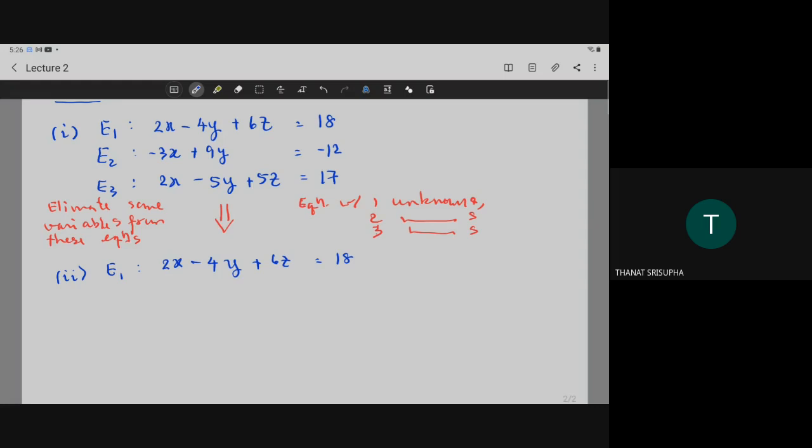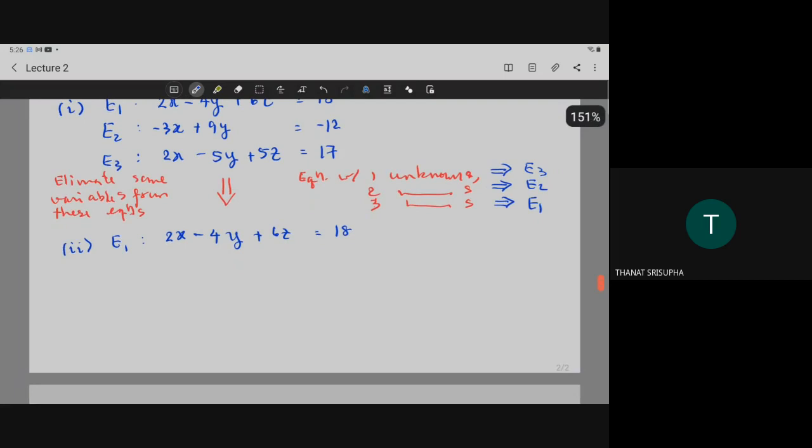And for equation 3, I will try to reduce so that we have just one unknown. So for one unknown, we play with equation 3. For two unknowns, we play with equation 2. And for three unknowns, I just fix it as equation 1. Okay, you can switch around. You can do whatever you want to.